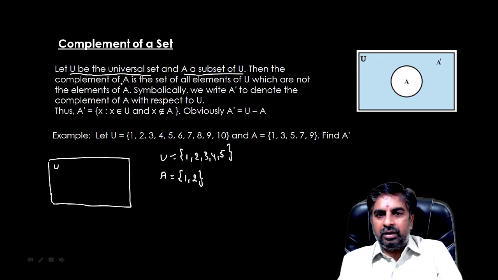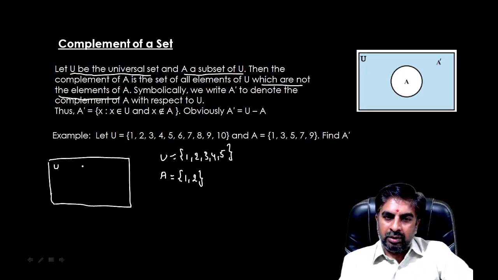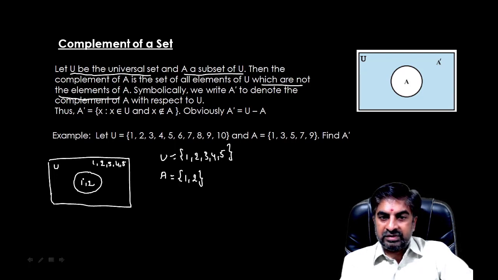Then the complement of A is the set of all the elements of U which are not the elements of A. So what is the complement of A? Suppose this is your A, containing 1 and 2, and this is your universal set 1, 2, 3, 4, 5. What will be the complement set of A?